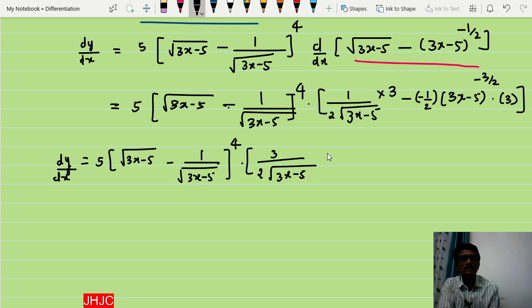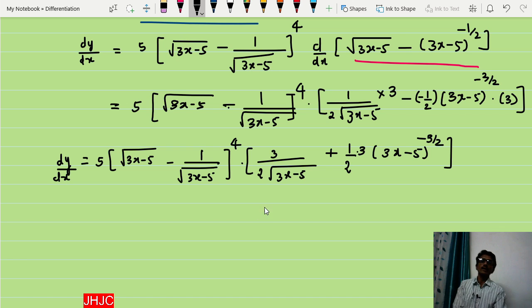Here minus and this will be plus, it is 1 by 2, this 3 is there, this 3x minus 5 raised to power minus 3 by 2.